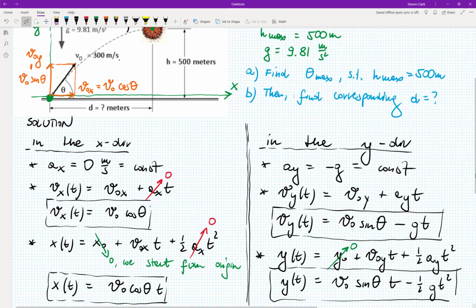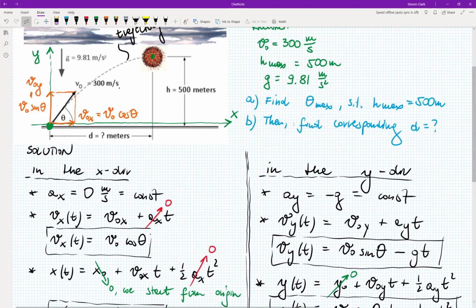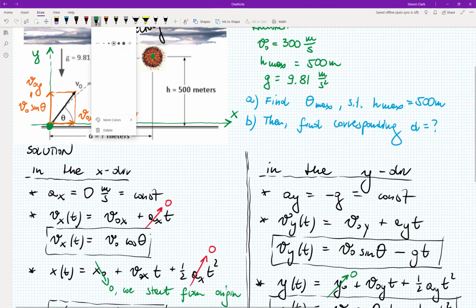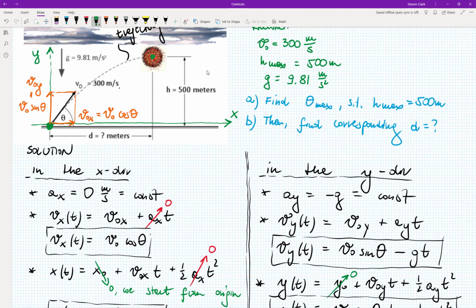Okay, so what these guys observed is that at the top, at this point, first of all, our velocity is horizontal, yes? V of y is 0. And plus, also, Jaden said that our position in the y direction is 500.